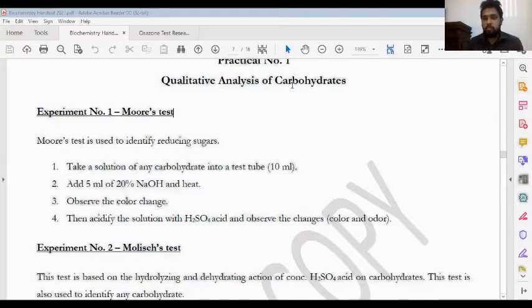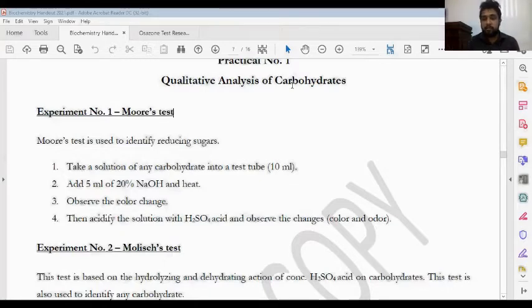And what functional group acts as a reducing agent? In particular in monosaccharides, you have learned about the structure of monosaccharides. Why do we call almost all monosaccharides reducing agents? What could be the reason for that?